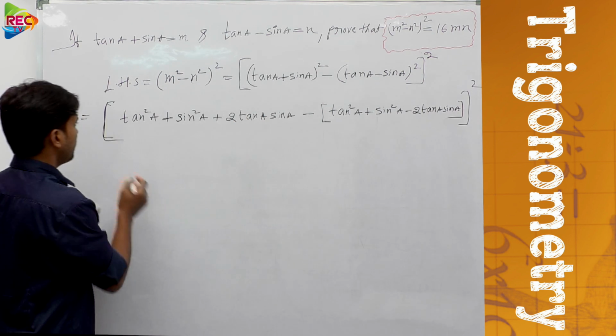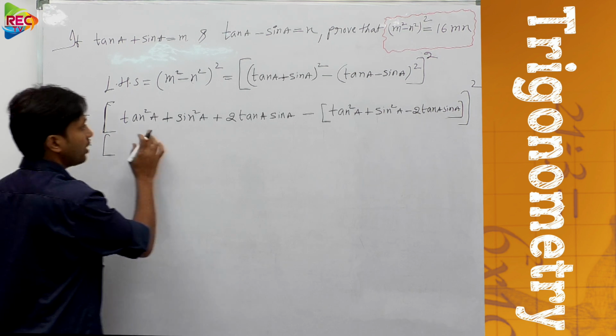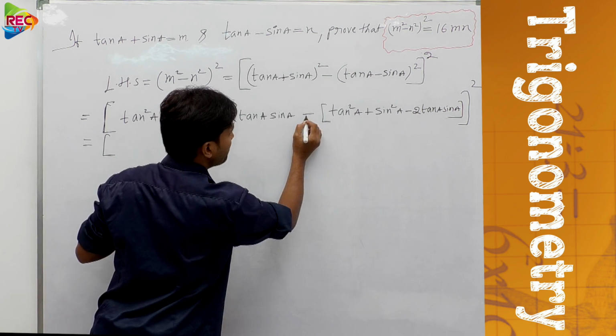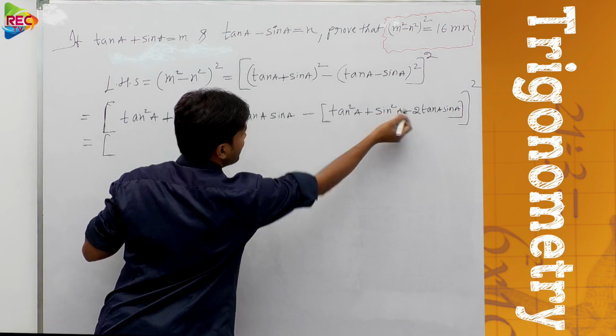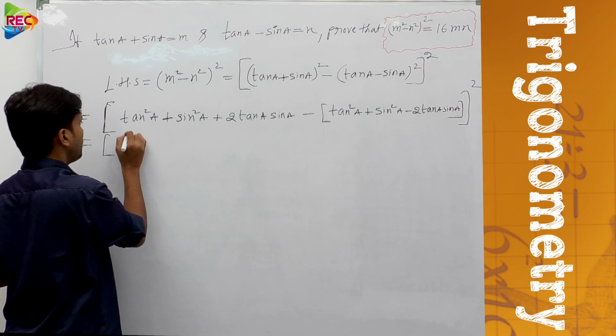Now let's do the next step. In order to solve this second bracket, multiply with the minus symbol to every term, and first write it as it is. What is that?